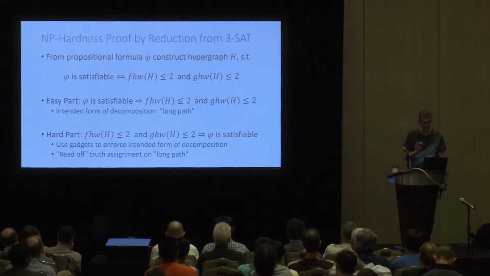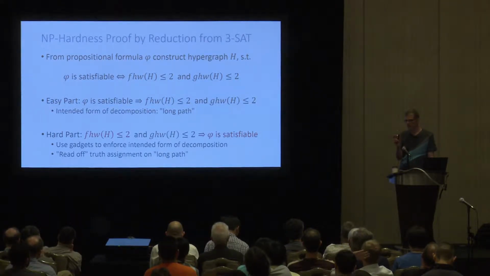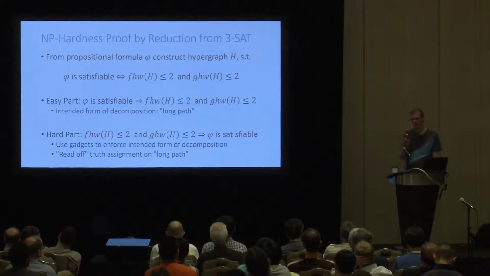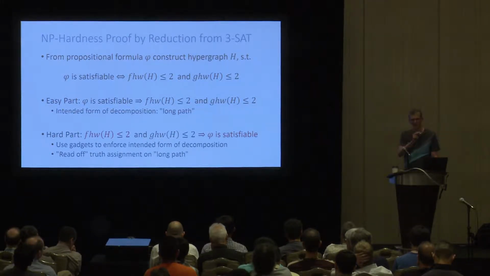And we prove this implication by using specific gadgets which enforce a very specific form of any fractional hypertree decomposition of width 2, namely essentially a long path. And along this long path, we can then read off a satisfying truth assignment.